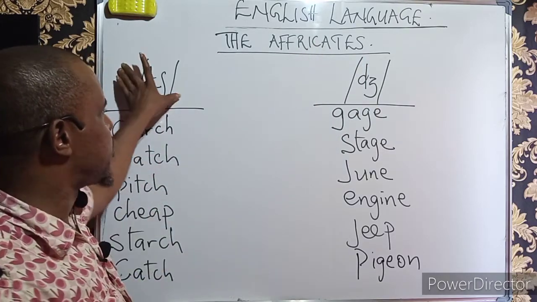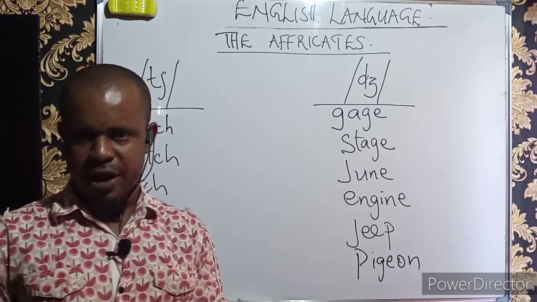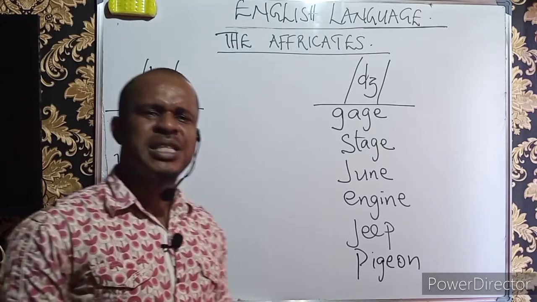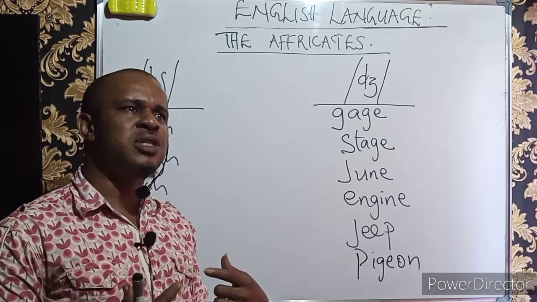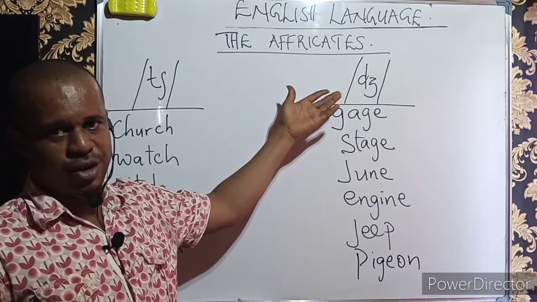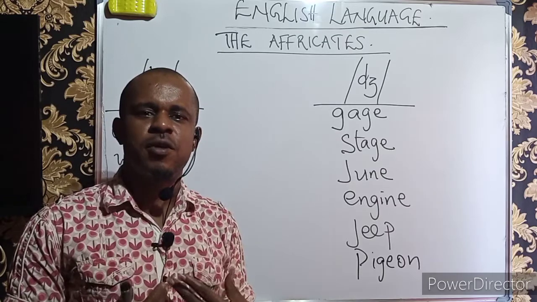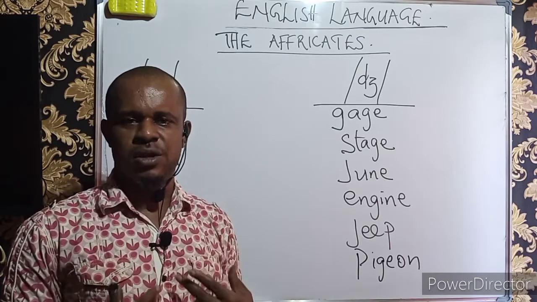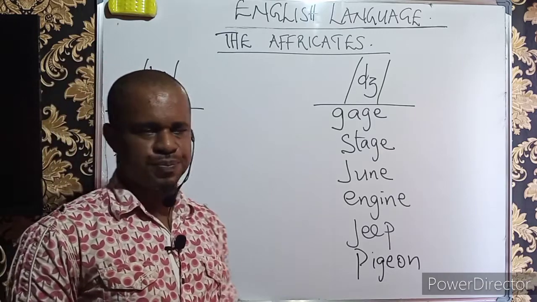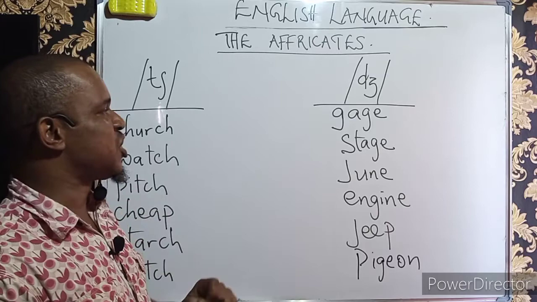And they are grouped into voiced and voiceless sounds. Don't forget, voiced sounds are those sounds that, when we produce them, we notice some degree of vibration in our vocal cords.